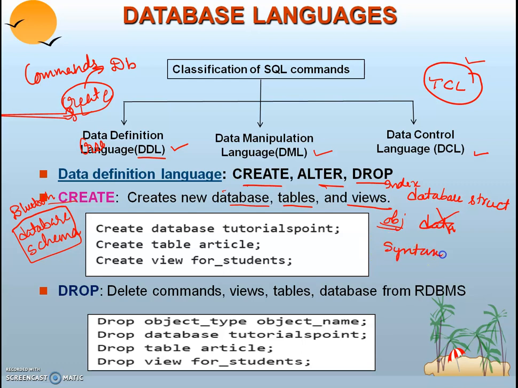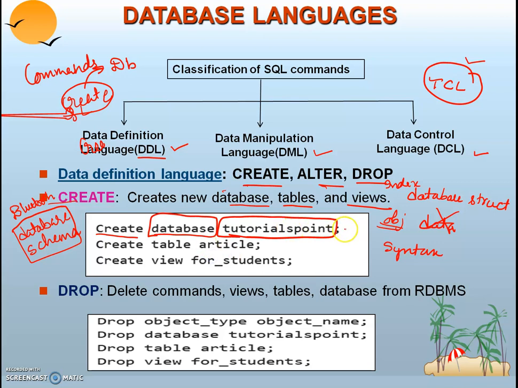The syntax goes like this: create, followed by the type of database object. Which object are you creating here? Is it a database, a table, a view or a function, etc.? And at the end, it has to be followed by the name of the database object.